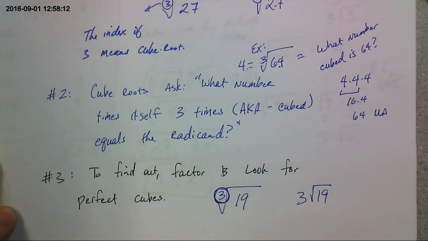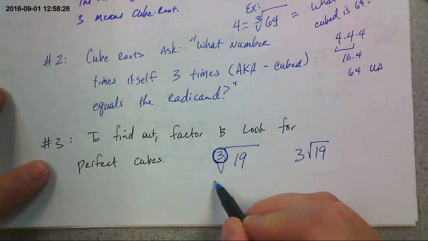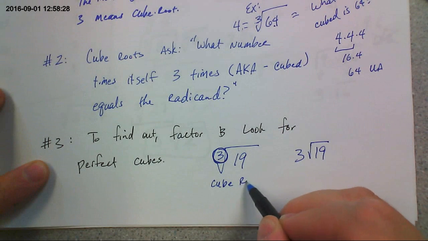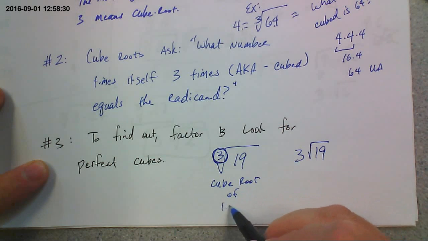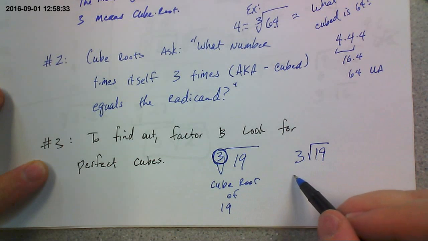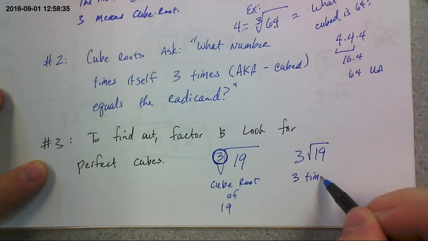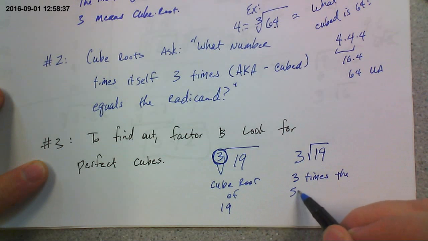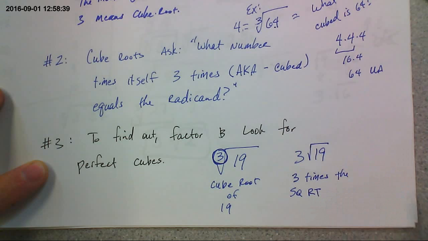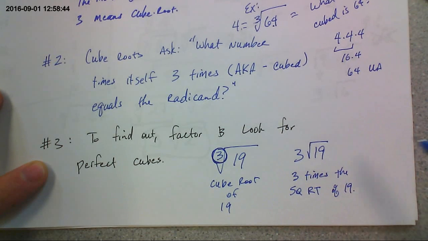Geo, so watch. This is 3 times the square root of 19. This is the cube root of 19. In fact, I am so glad you asked that question. I didn't even think about that, and I know it's something you're going to mess up. Damien, look. This is cube root of 19. This is 3 times the square root of 19. Scarlett, you see the difference?